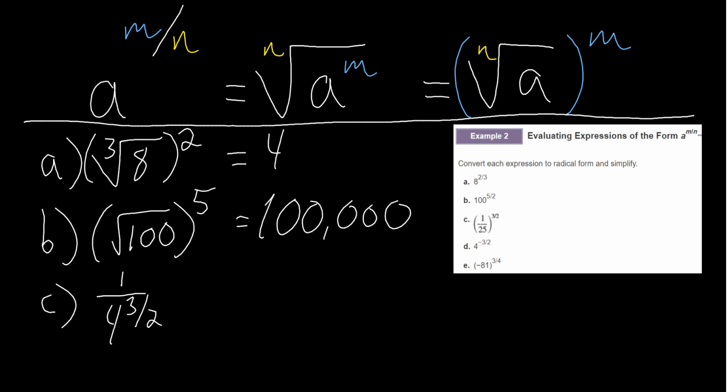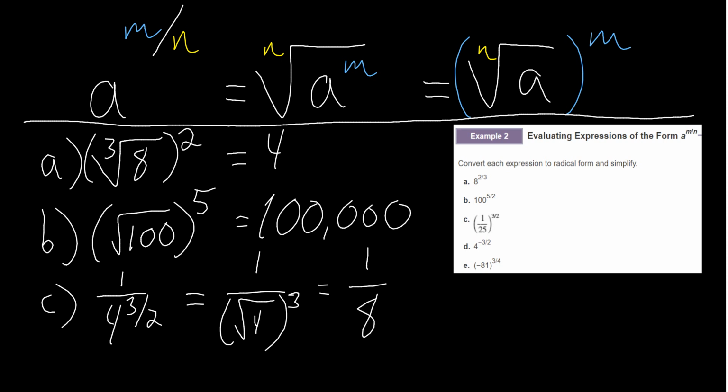Well, this is going to turn into 1 over the square root of 4 cubed. So we would say the square root of 4, and then cubed. Okay, well, what is the square root of 4? Well, that's 2. 2 cubed is 8, so it's just going to be 1 over 8.